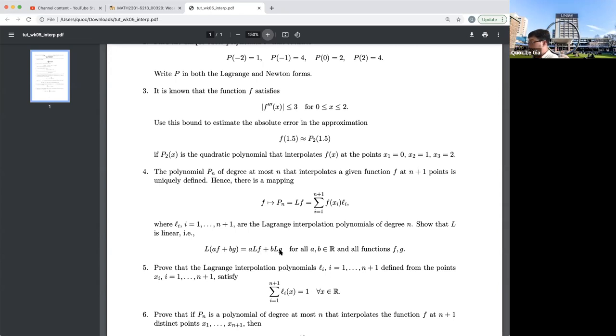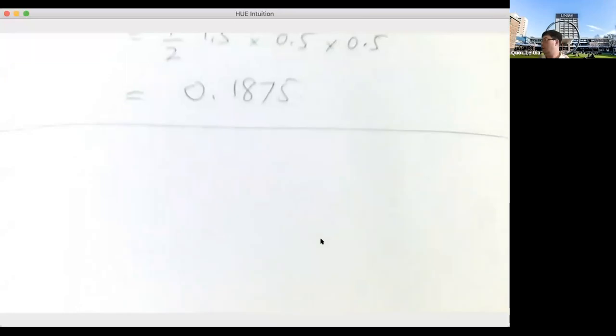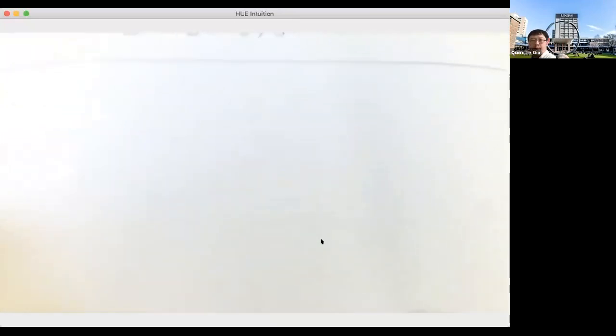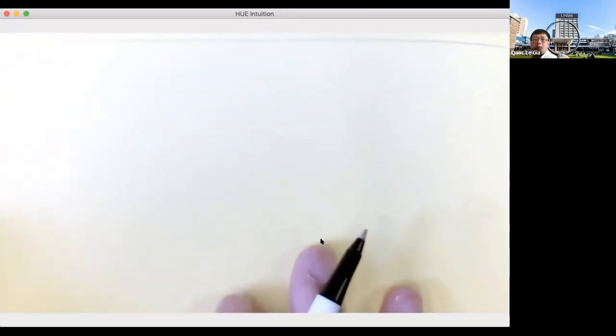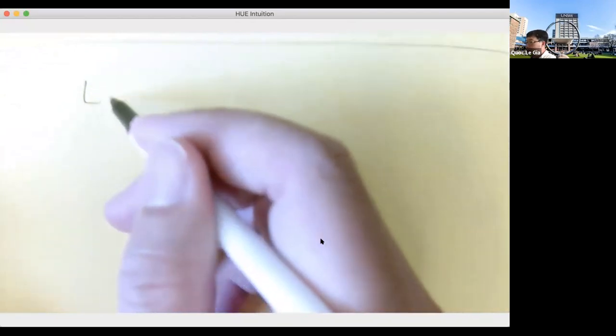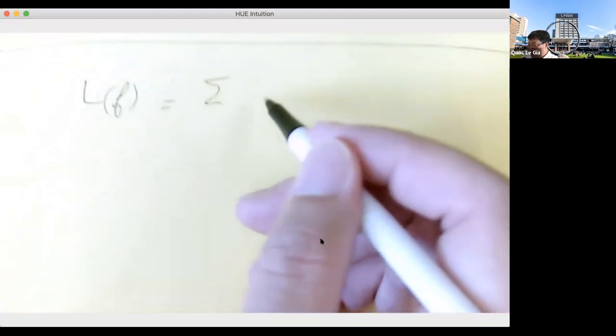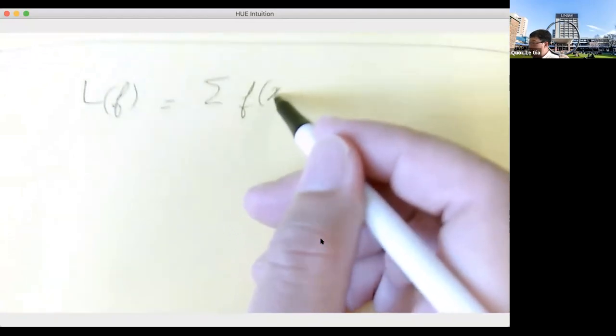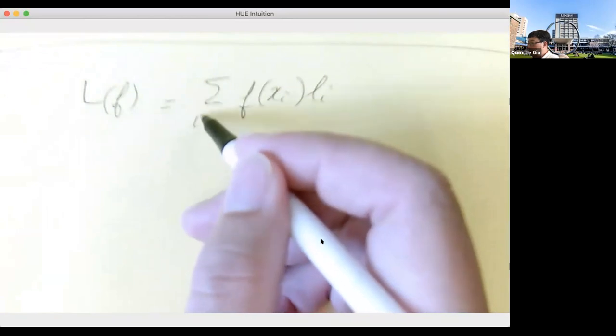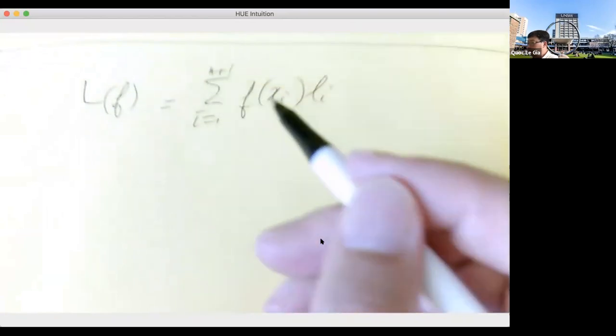So we prove this just by the definition. So now if I try to prove this, remember my Lf just equals the sum of f(xi) Li, i runs from 1 to n plus 1.